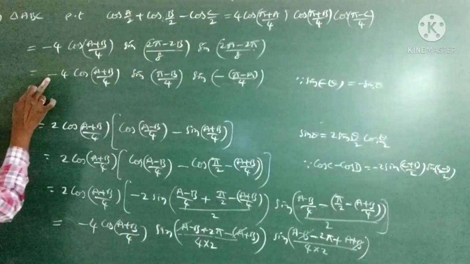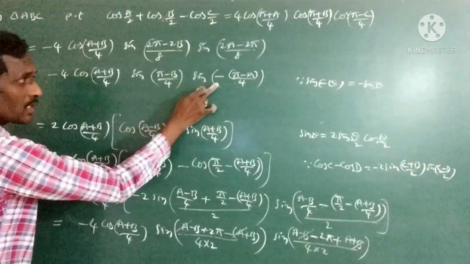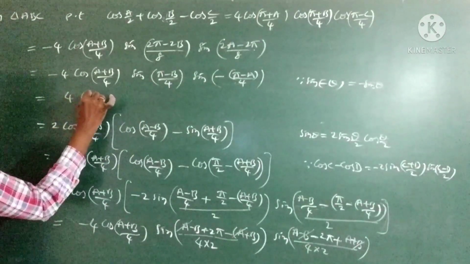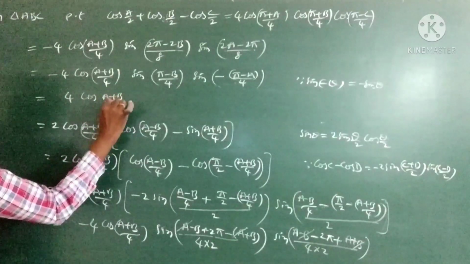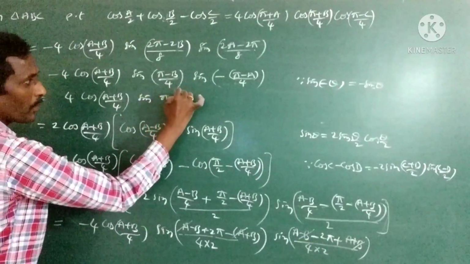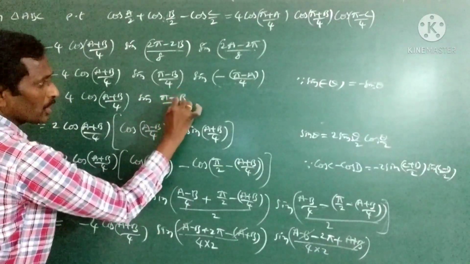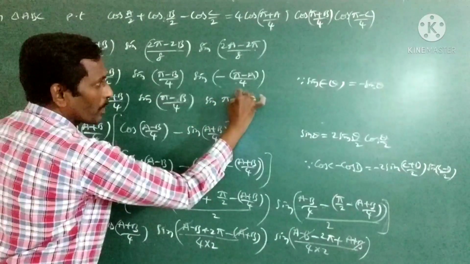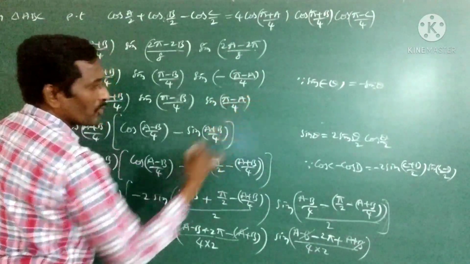So here already we have a minus sign. So this minus becomes the plus sign. Now we can write 4 times cos function A plus B by 4 sine function pi minus B by 4 into sine function pi minus A by 4.